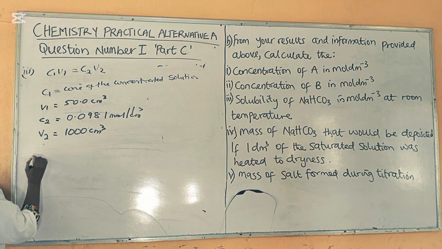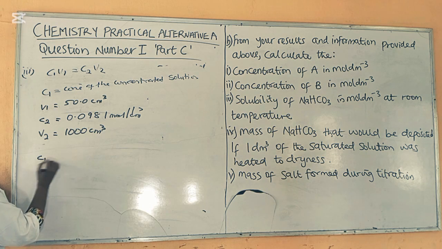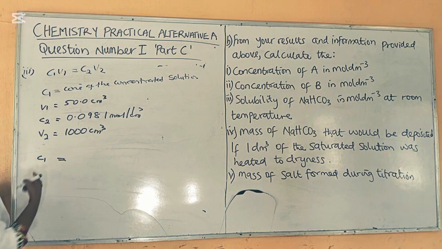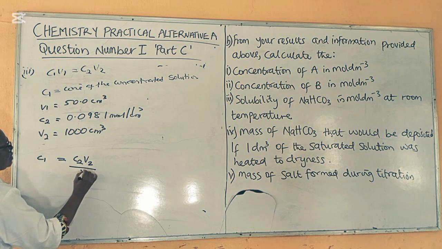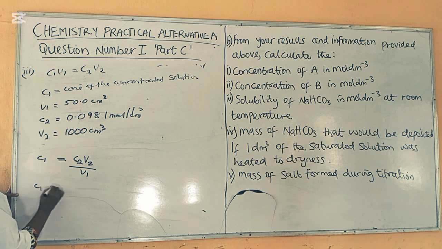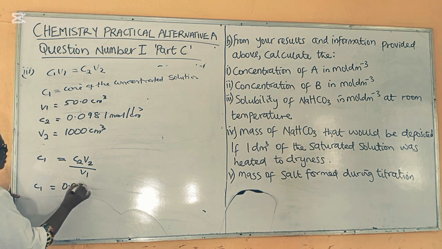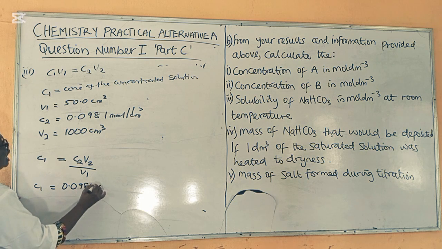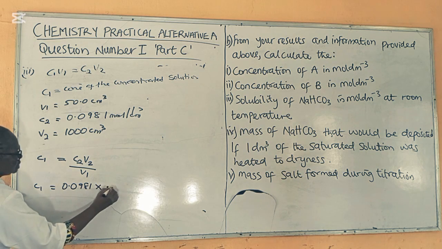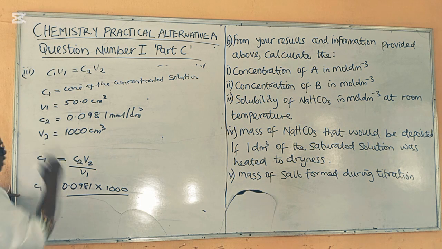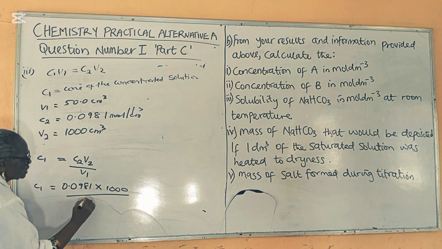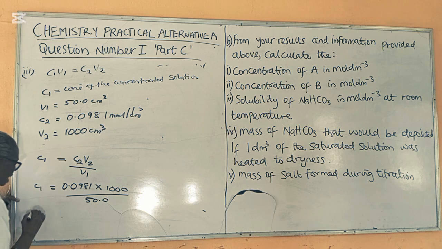Can we find the C1 now? Making C1 the subject of the formula, it will be C2V2 over V1. Our C2 is 0.0981, our V2 is 1000, while our V1 is the 50 that you measured from the saturated solution.